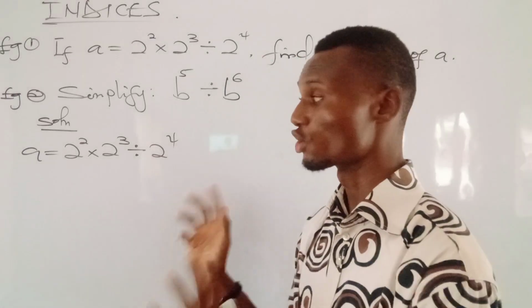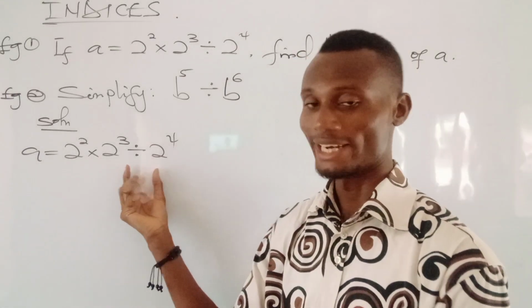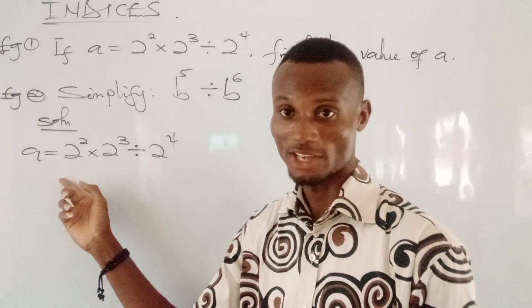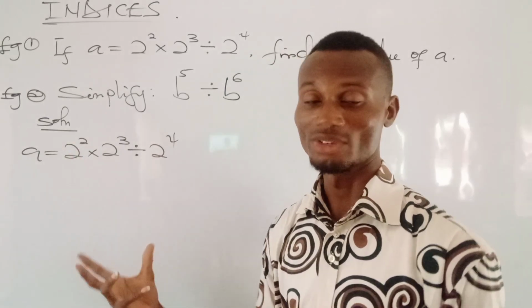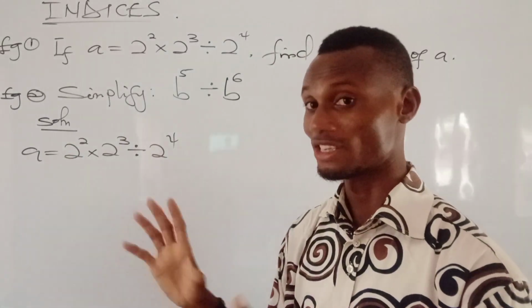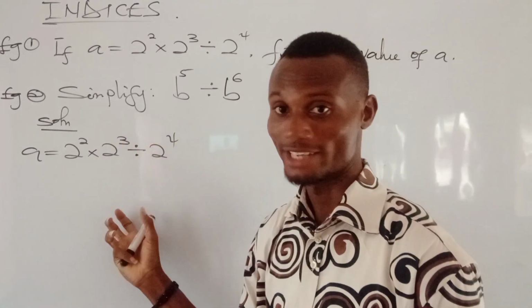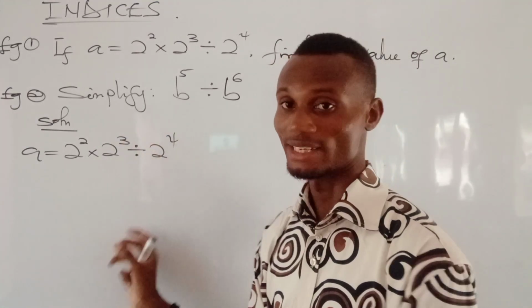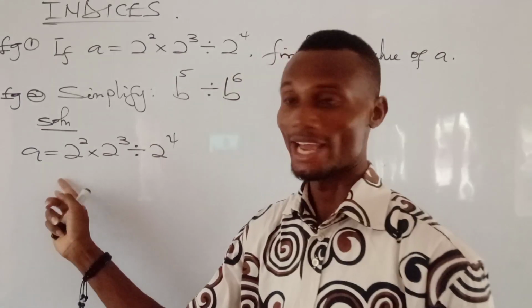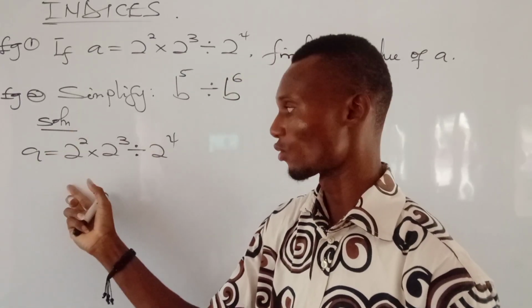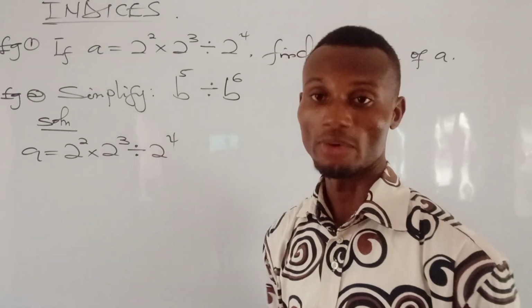If you choose to do the last two, then the answer we get, to join it with the first one, the 2 to the power 2, you'll still get the same answer. So someone can choose to do the 2 to the power 3 divided by 2 to the power 4 first, then the answer the person gets, you join it with the 2 to the power 2 here. Then you do the multiplication, you will end up with the same answer.